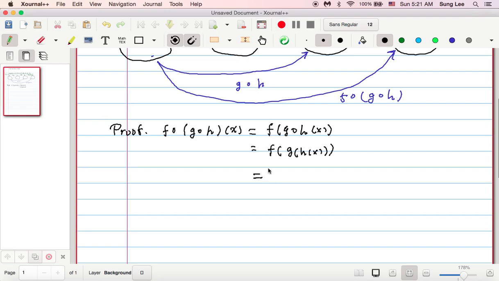Now this can be written as g followed by f of h of x. And that equals, again by definition of composite function, h followed by this guy here, g followed by f, acting on x. So the choice of x was arbitrary, and for any x, these two guys have the same functional value.